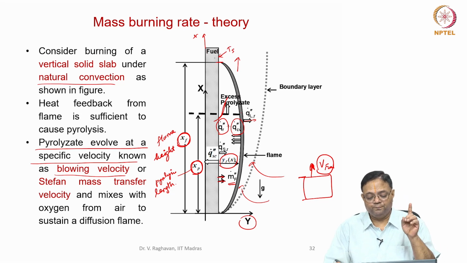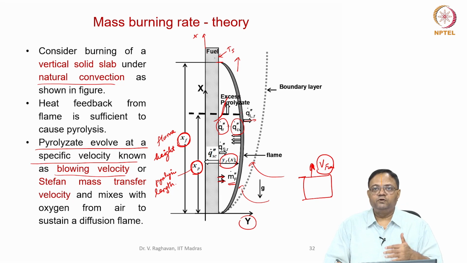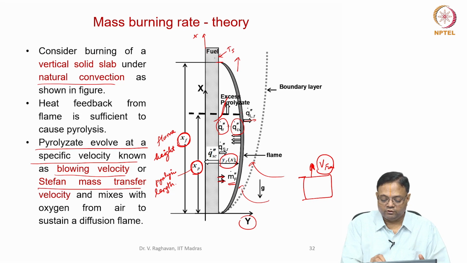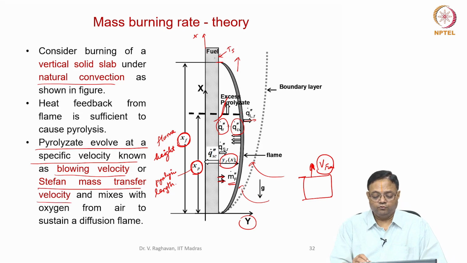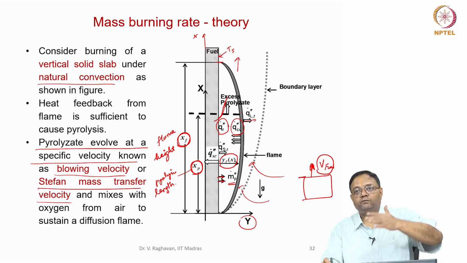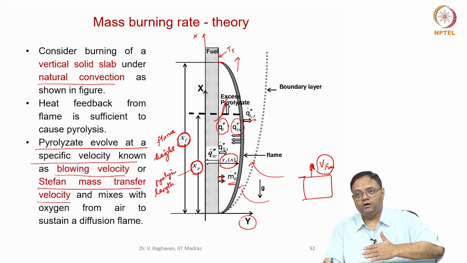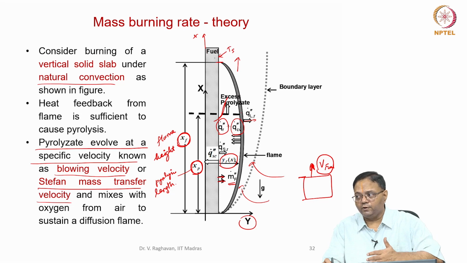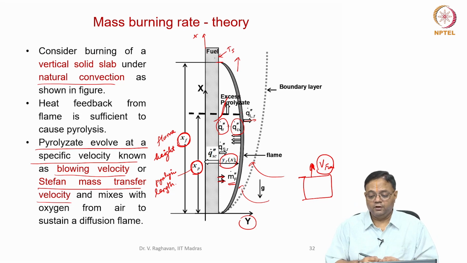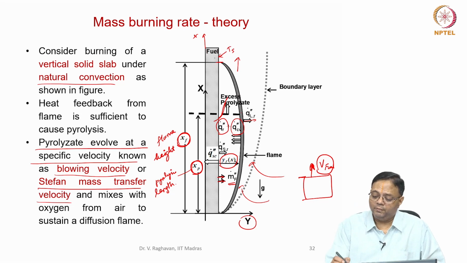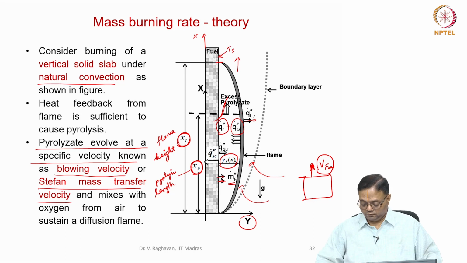In the case of the liquid fuel, we have seen that the Stefan velocity is induced. The problem itself is called Stefan problem. So, this is the Stefan mass transfer velocity. When there is a condensed phase, that is the fuel gases are coming out of the condensed phase, we get this velocity. So, now this, by convection as well as diffusion, this flux which is coming out of the solid surface feeds the flame. Okay.